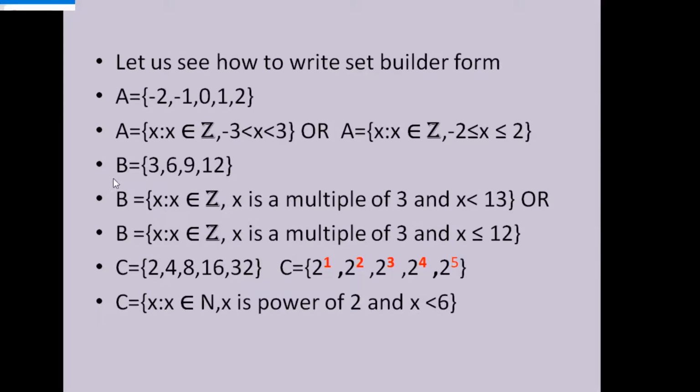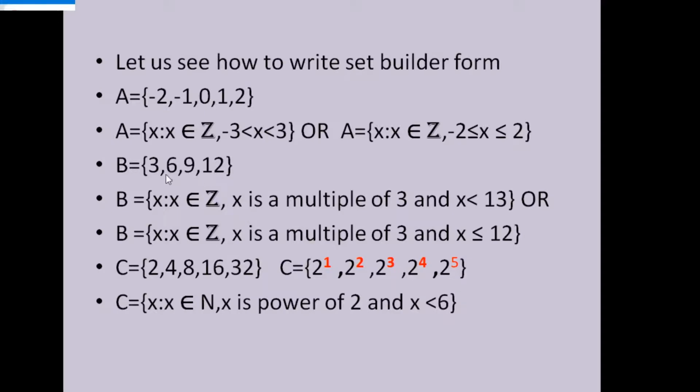The second one, 3, 6, 9, 12. Here also you have to see what is the common property among these elements. I found out that it is nothing but the 3 multiplication table. 3 1s are 3, 3 2s are 6, 3 3s are 9, and 3 4s are 12.